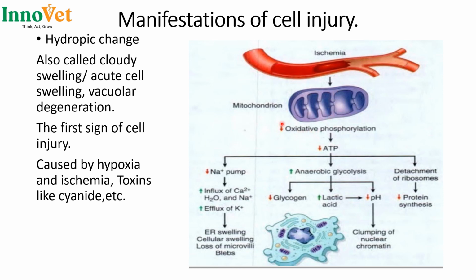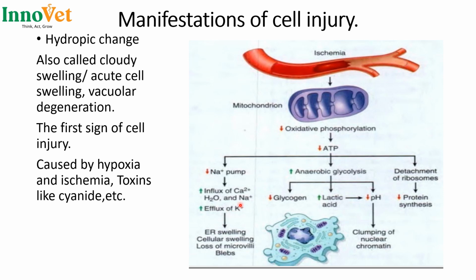So that would mean that we have a decrease in oxidative phosphorylation, meaning also a decrease in ATP production, and that will lead to a decrease in activity of the sodium pumps, which will lead to an influx of calcium ions, water and sodium ions, then an influx of potassium ions.